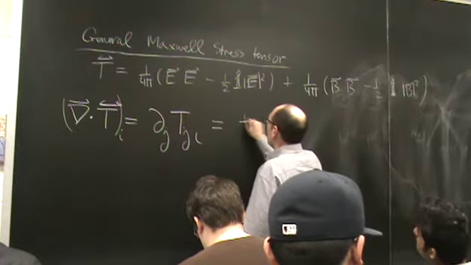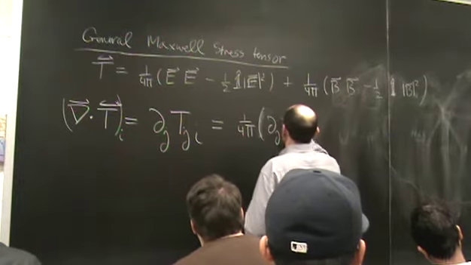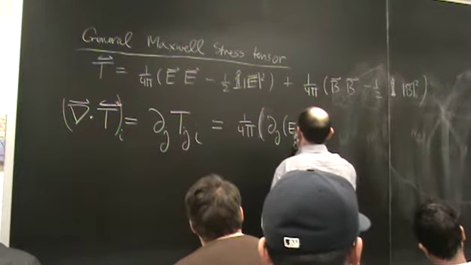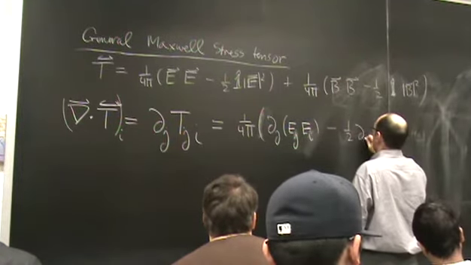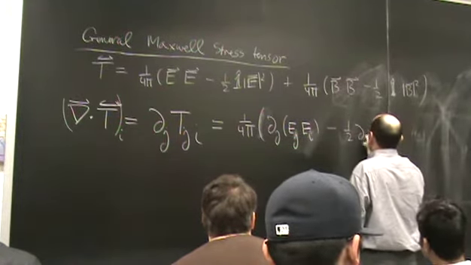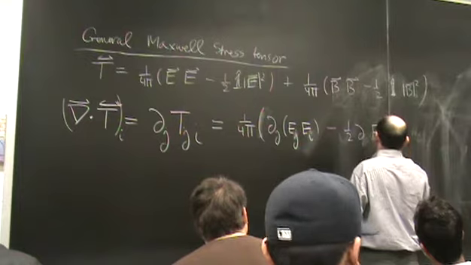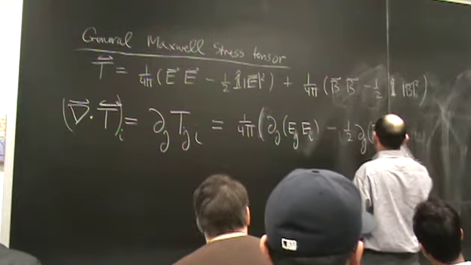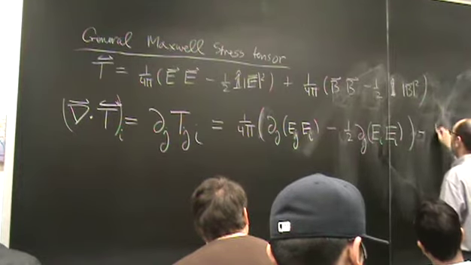Well, we're going to have 1 over 4 pi, d by dj of E_i E_j, that's T_ji, minus half delta_ij E squared, and then the same thing for the magnetic field.